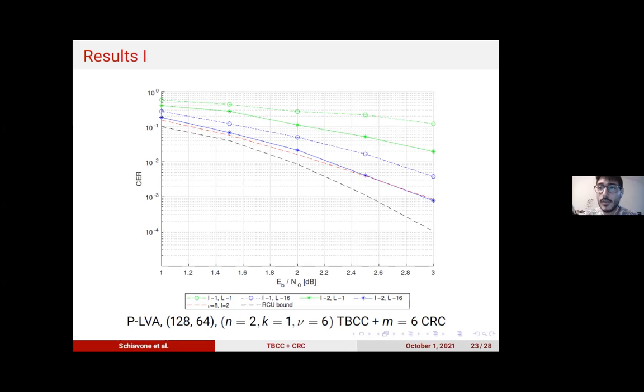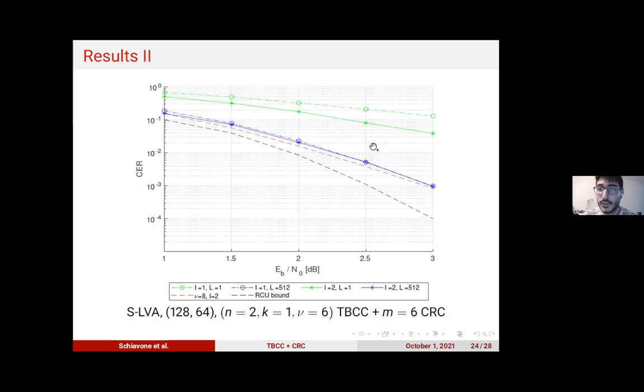And what happens if we use a serial list Viterbi algorithm at the decoder? Don't be scared about the list size, because the list grows with logarithmic complexity, as we said before, so it's not huge.